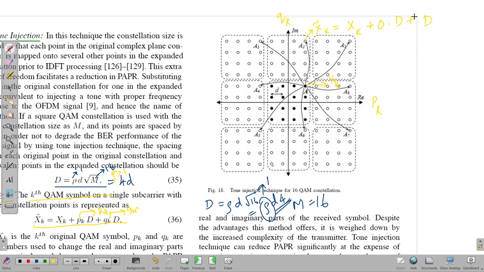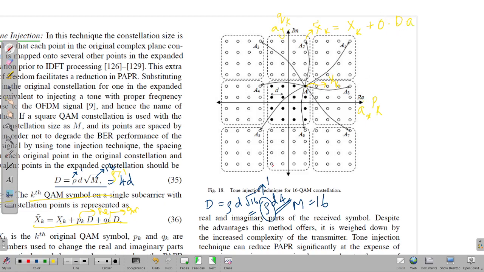I need to write the vector signs. Let me denote this by vector a real, or according to convention ax, and this is ay, and pk and qk are like unit vectors.